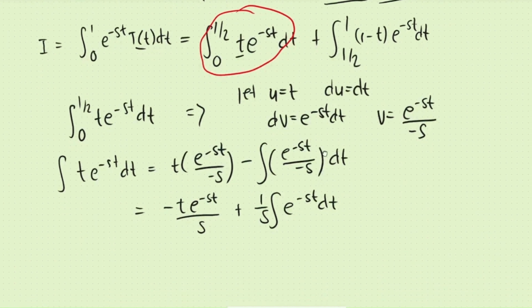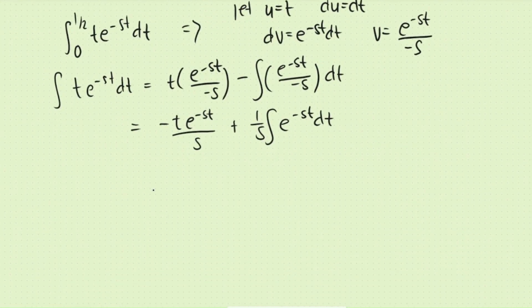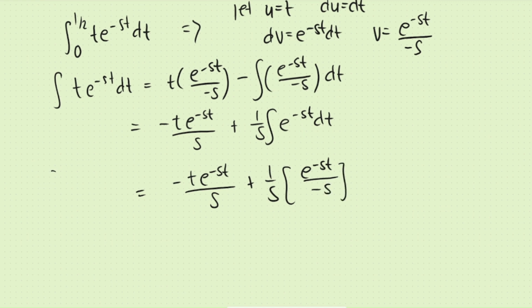Okay, so now we have negative t e to the negative st over s plus 1 over s. The integral of this is e to the negative st over negative s. So now we have our indefinite integral, and let's plug in the lower and upper limits here, 0 to 1 half.